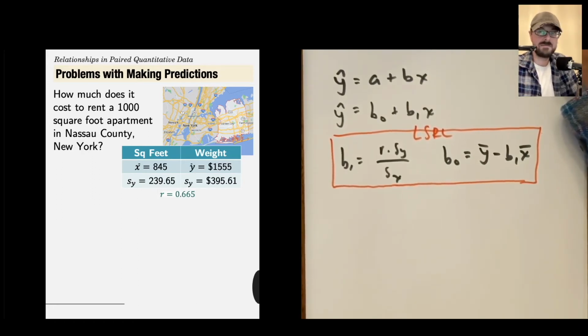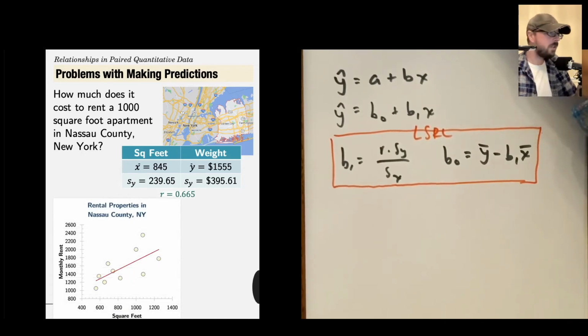And of course, we would predict based on regression to the mean that if there was an 845 square foot apartment, the rent would be $1,555. That seems kind of steep to me. I remember things have gotten more expensive. I own a house now, and yeah, it seems kind of steep.